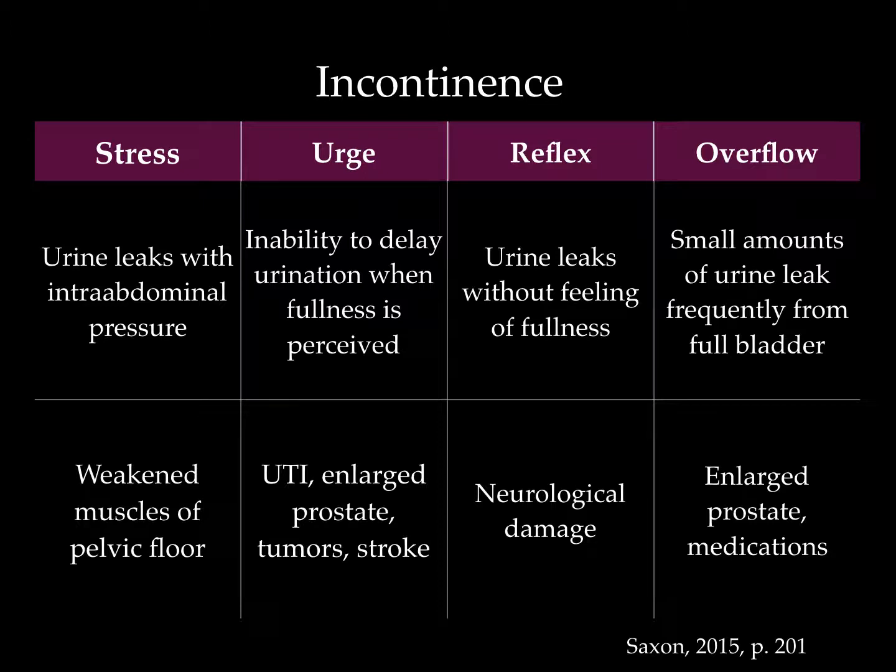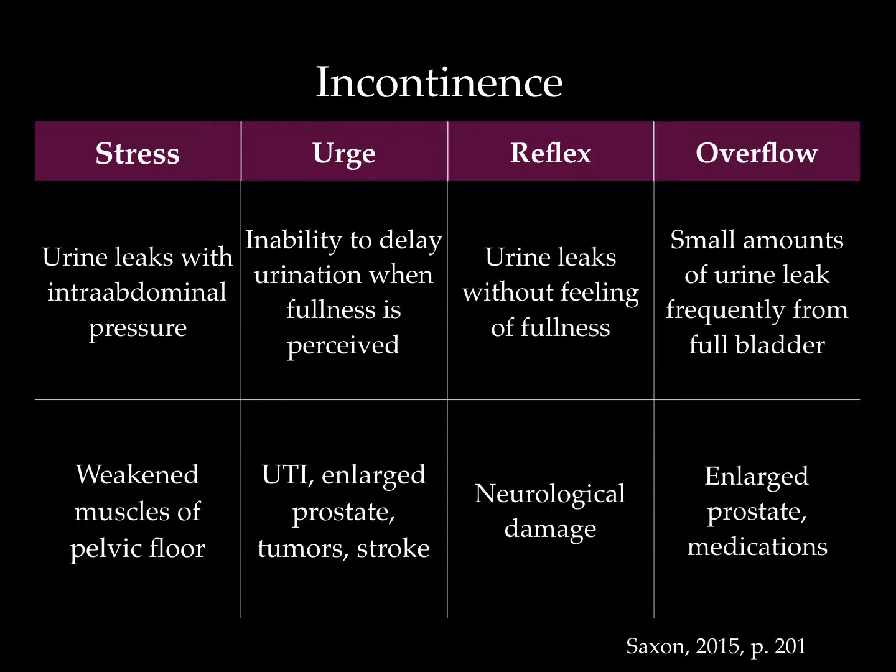There's urge incontinence. A patient with urge incontinence will feel the urge, but will not be able to make it to the bathroom before they urinate. This can be due to a UTI, an enlarged prostate, tumors, or a stroke. Then there's reflex incontinence, and this is going to be your neurological damage.